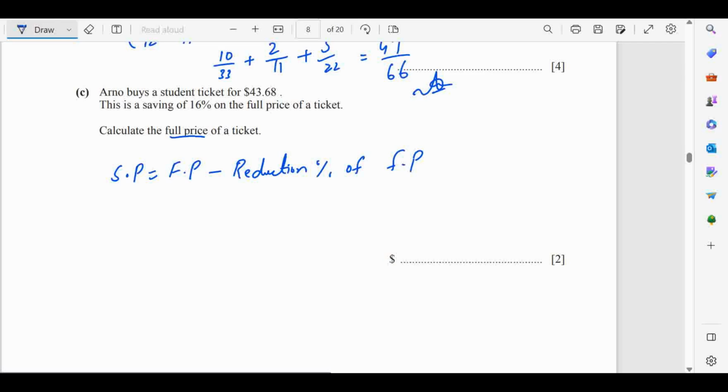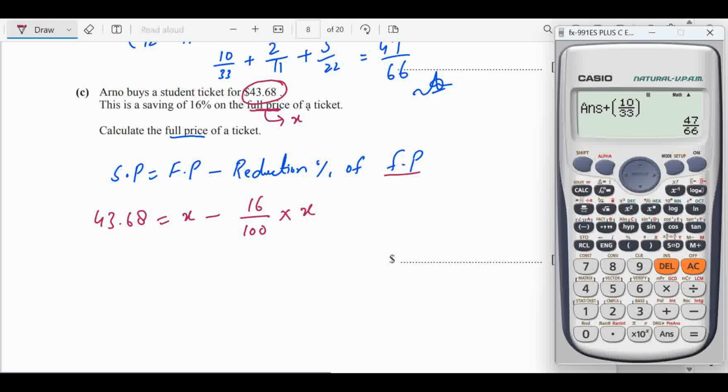Now we don't know the full price, so let's say that the full price is X and the sale price is 43.68. So 43.68 is equal to X minus, now reduction percentage 16%, which means 16 divided by 100 multiplied by full price, that is X. So we can simplify it as 1 minus 0.16, so this will be equal to 0.84.